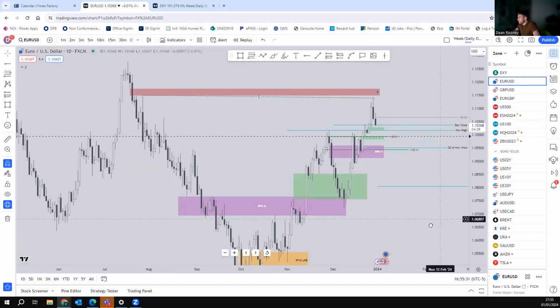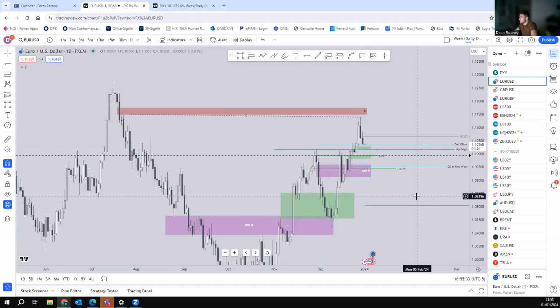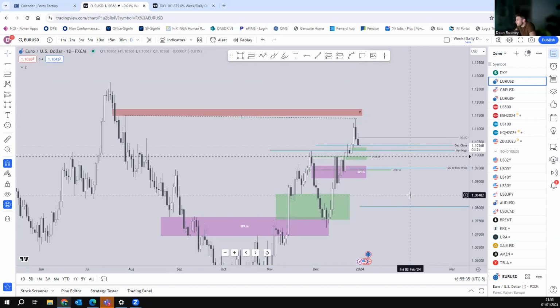So I've already marked up on the daily. This was an imbalanced price range at some point. Price traveled through there, it came back down, it actually closed below, which isn't great, but it was coming into December, and then it pushed higher. So this balanced price range, you would probably want that to support price.